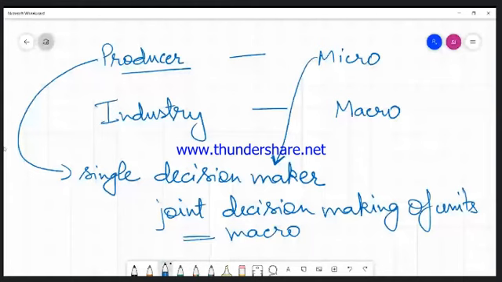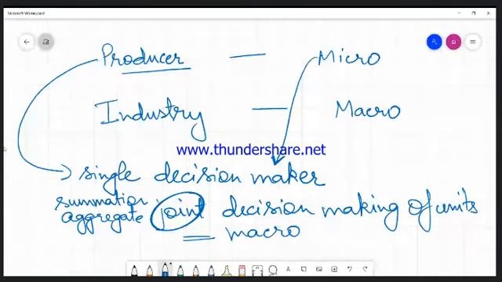So in simple words, you call it joint, but actually it is not joint, it is aggregate. Or it is related to summation.